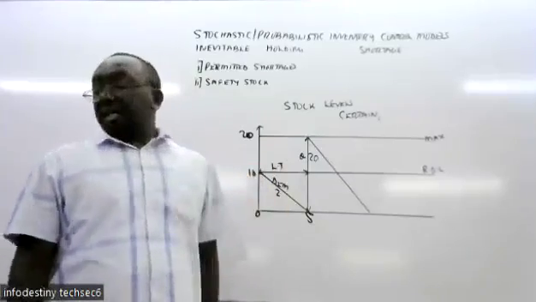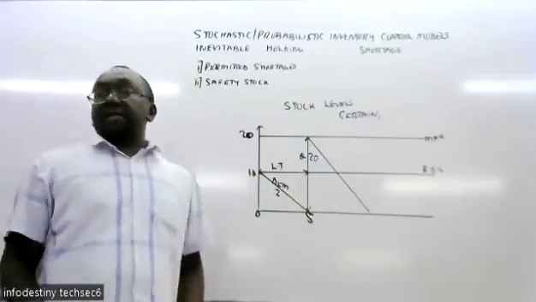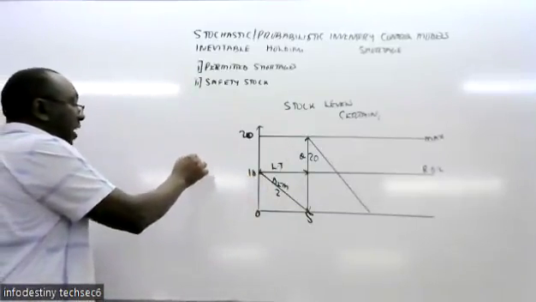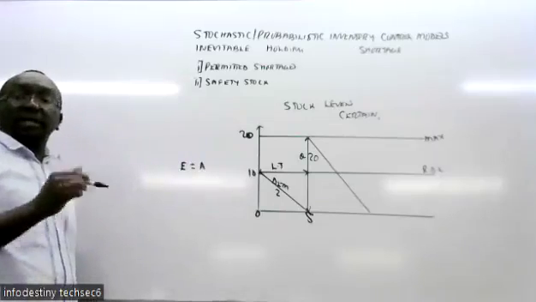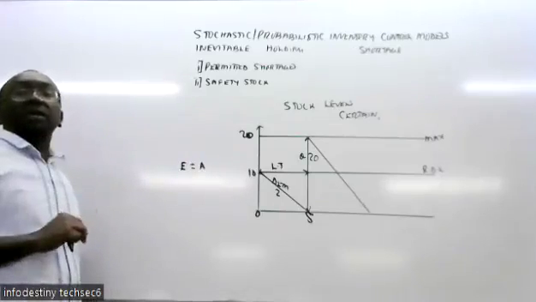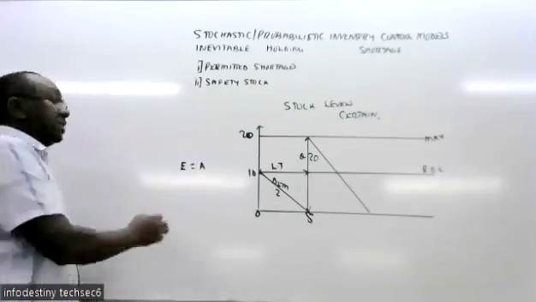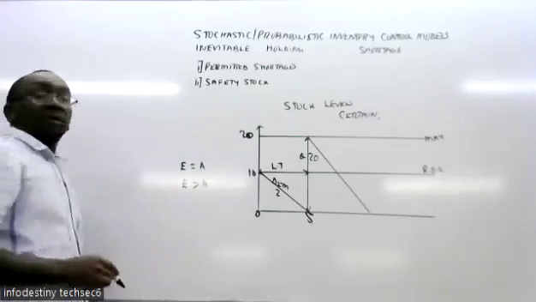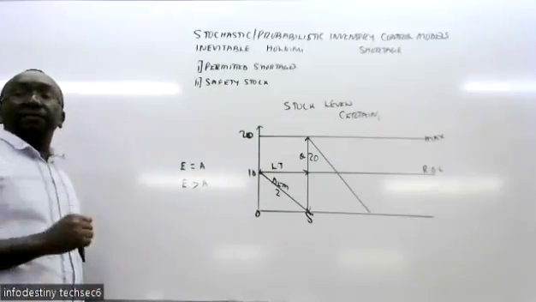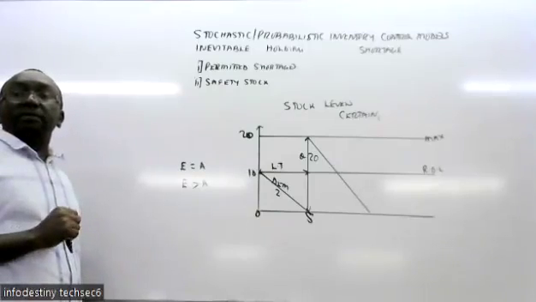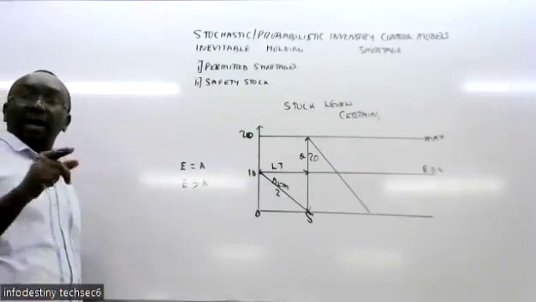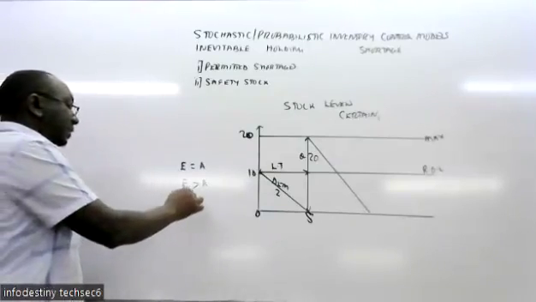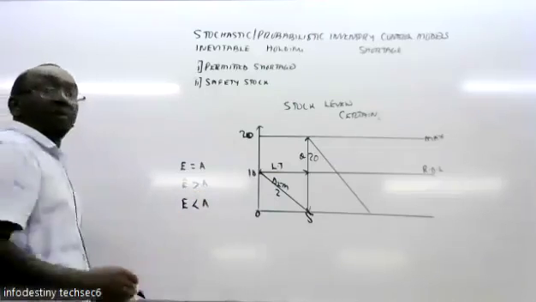But now, in reality, there are 3 possibilities. The first possibility is that what you expect will be the actual, for sure. The second possibility is that the expected is greater than actual. But only 1 has come. So there is closing stock. The third is that the expected is less than actual.